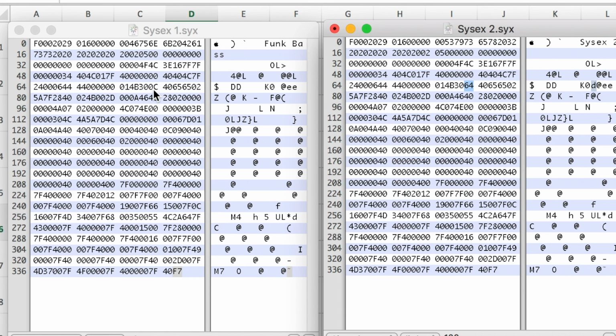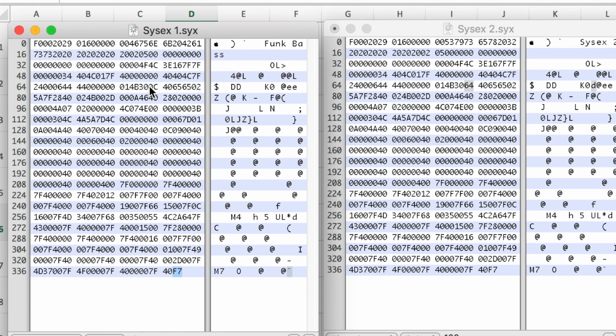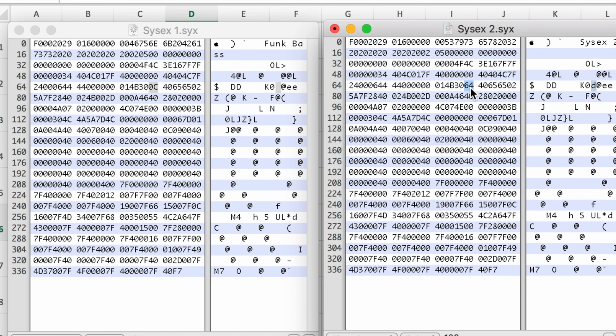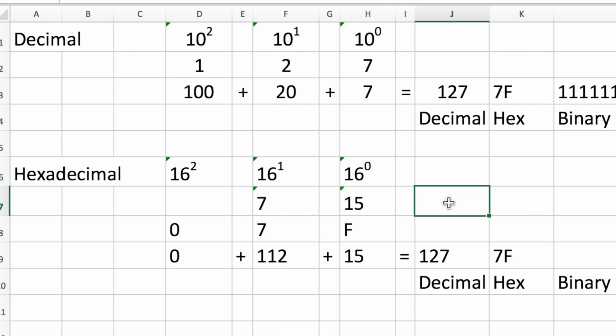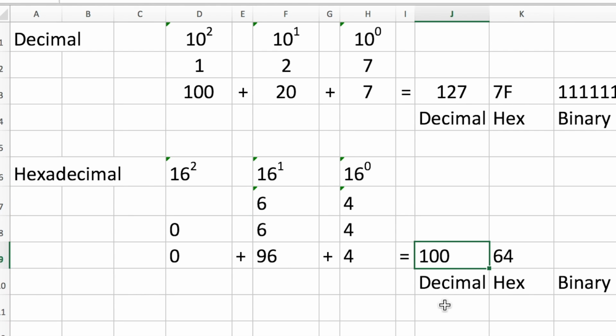And if we go over here and look at the original setting, we see that it was 0C, and that now it has been changed to 64 hex. So I think I changed it to 100. So let's see what 64 hex is. So if I go to my calculator here, and if I put in 6-4 on the hexadecimal, sure enough, it's 100 in decimal. And that's what I set that resonance at.